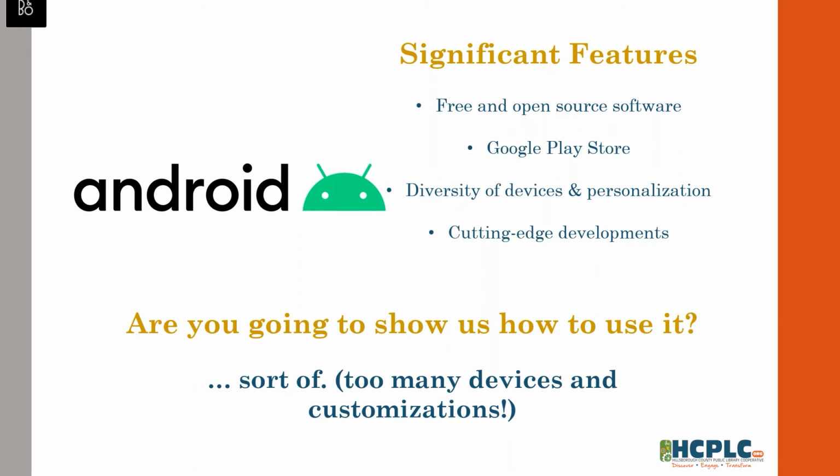One of the really nice things is that you can get an Android device at many different price points. I'm going to use Samsung as an example. They have a $900 tablet, but they also have a $300 tablet. So you have your diversity of devices and different price points, depending on how low powered or high powered you want your device to be.